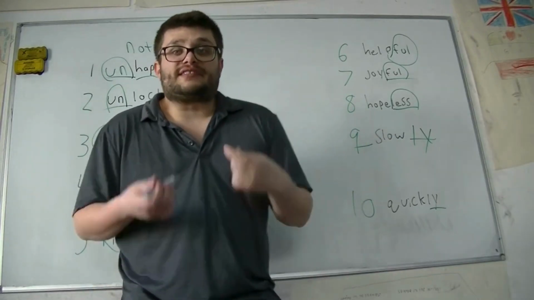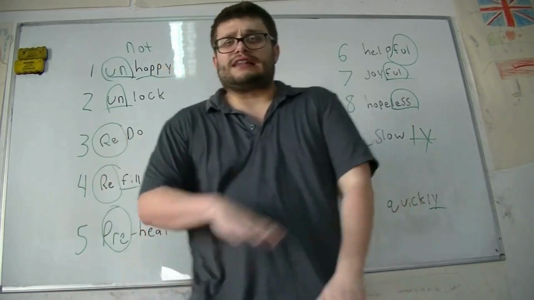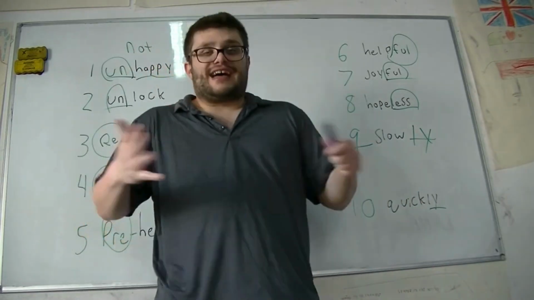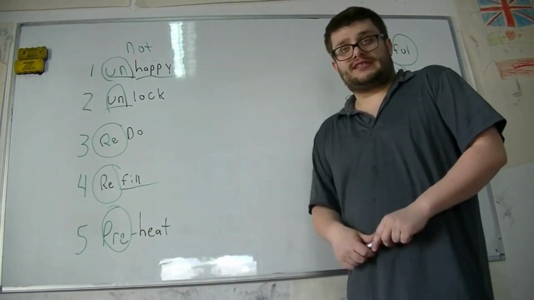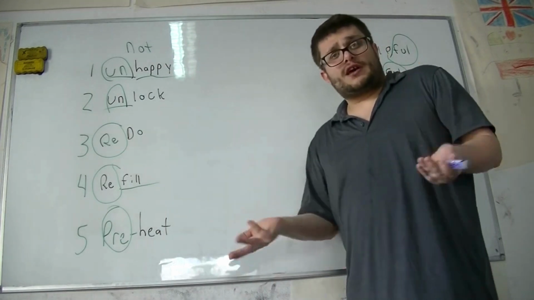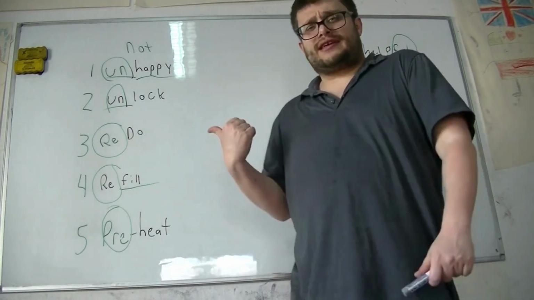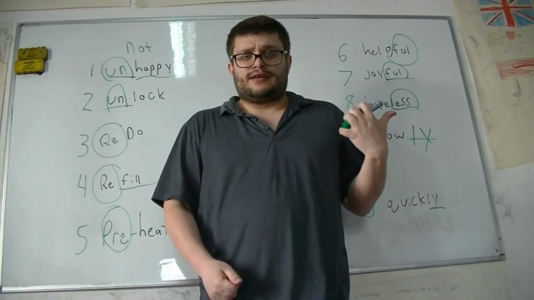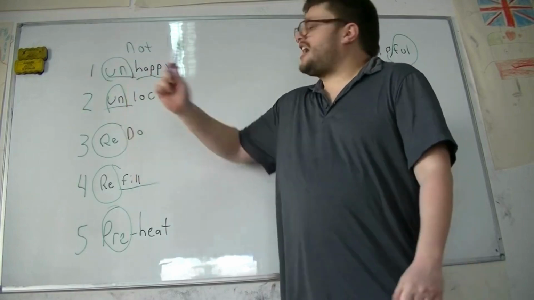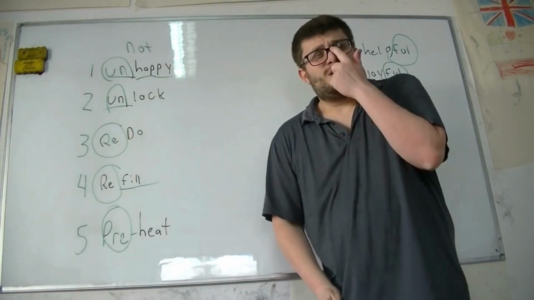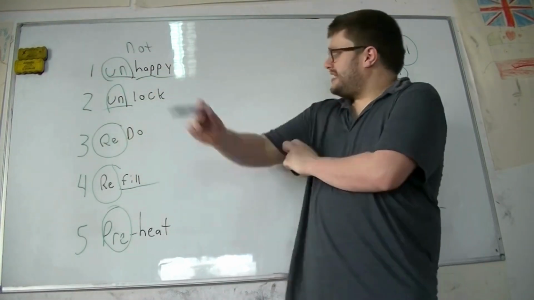Remember, suffixes are these words. Where does the suffix go? At the beginning or at the end? At the end. And these words have prefixes. Where do prefixes go? At the beginning. What does "un" mean? Not.